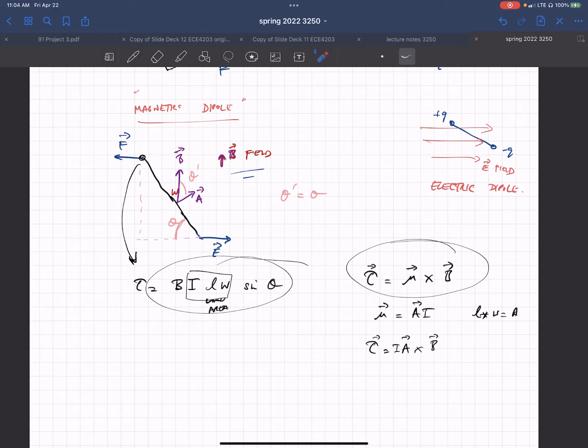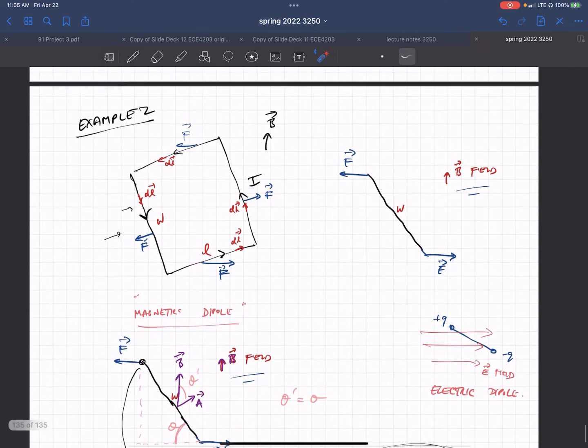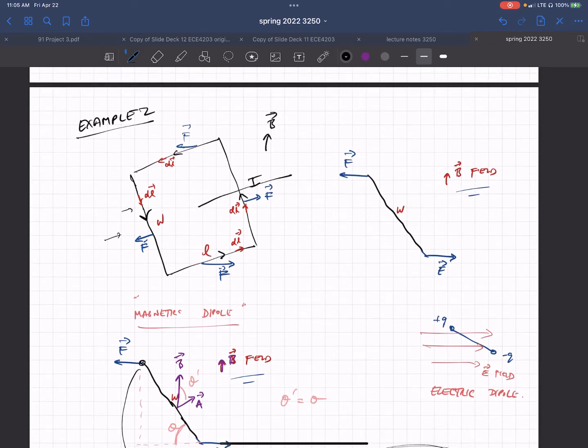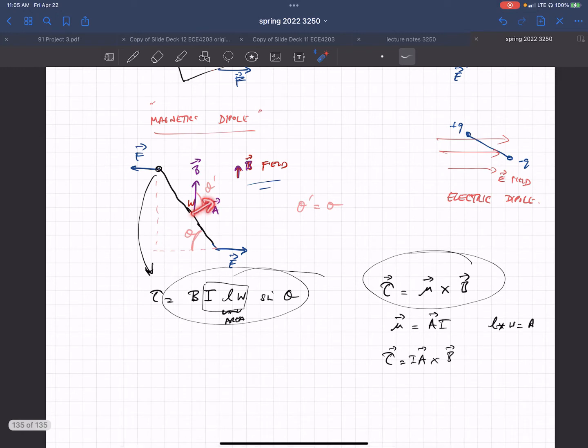So remember the area we're defining as, if I was going to draw the area vector, it would be coming out of the center of this coil, this loop. Okay, so that area.